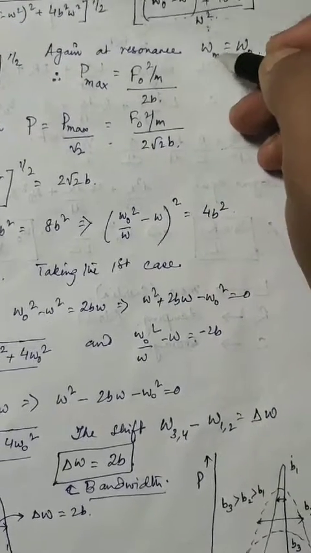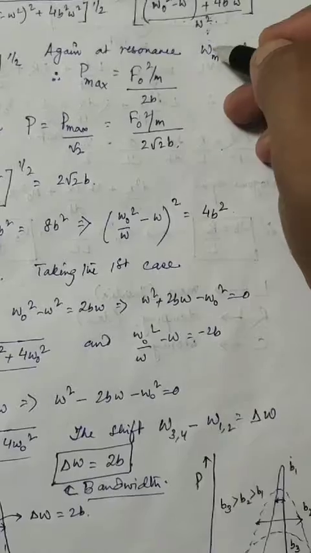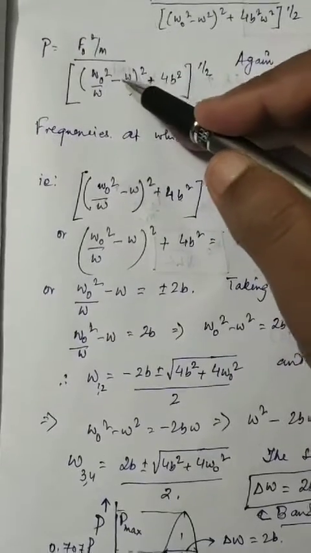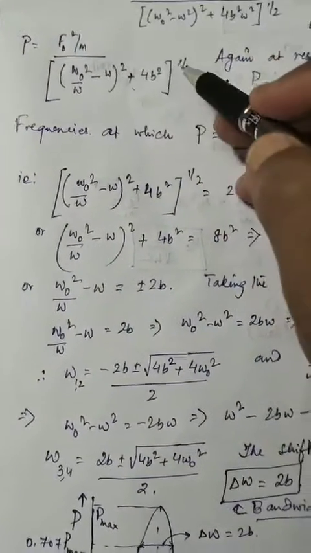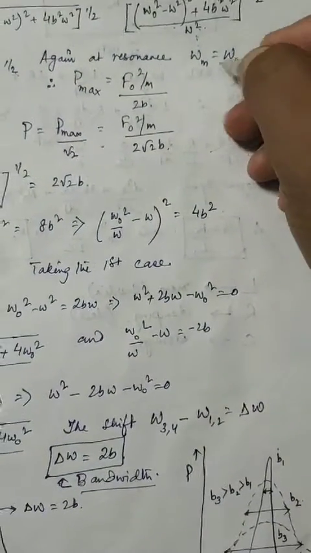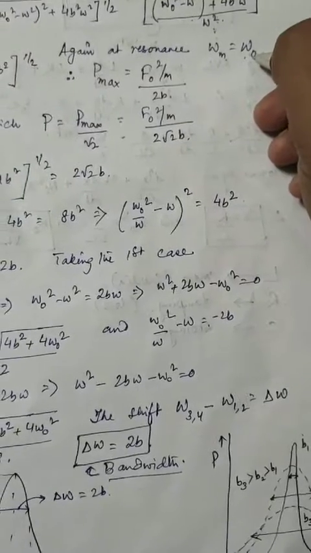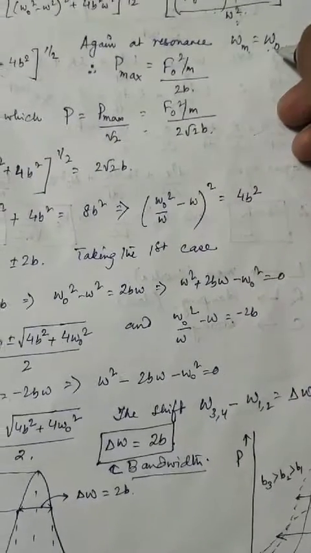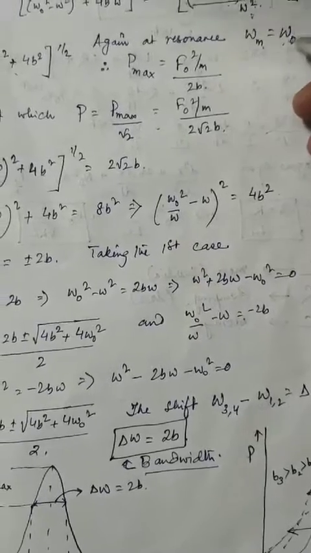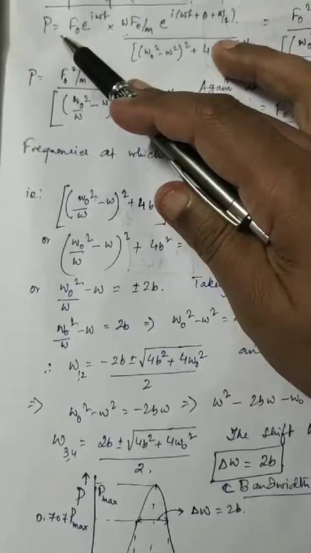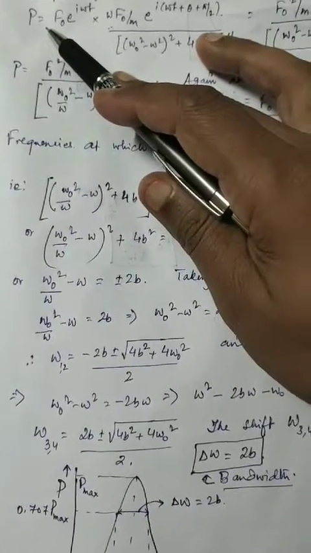Even in this case, since the denominator is the same function of omega, the power is also going to be maximum when the applied frequency is equal to the natural frequency of the oscillator.